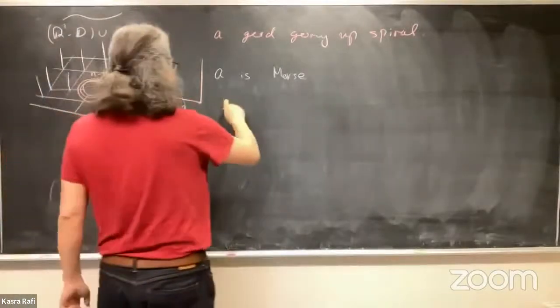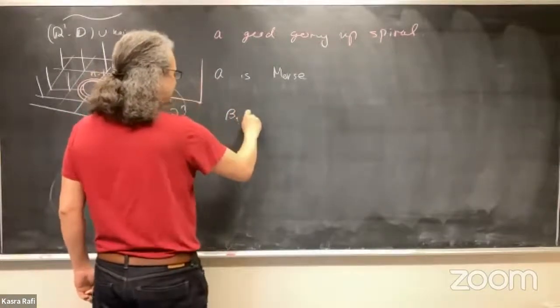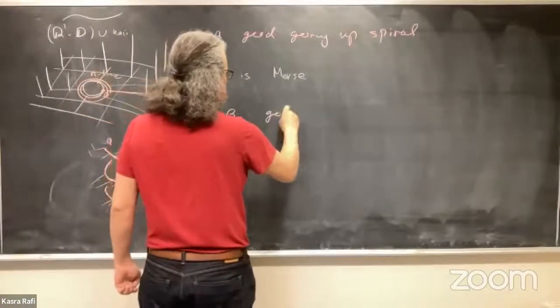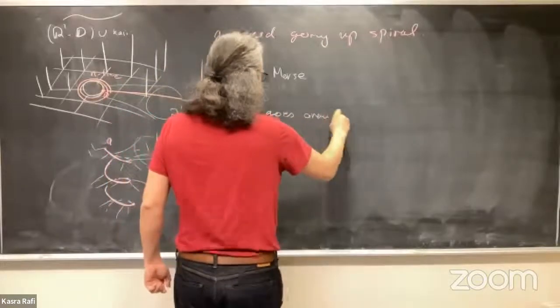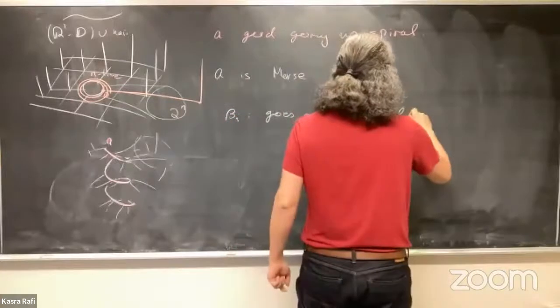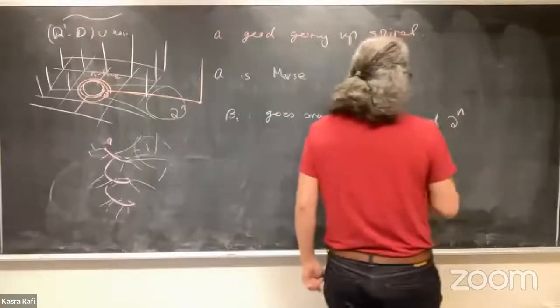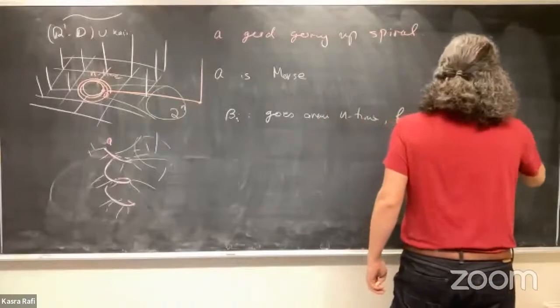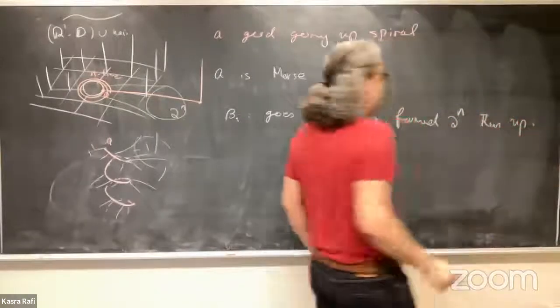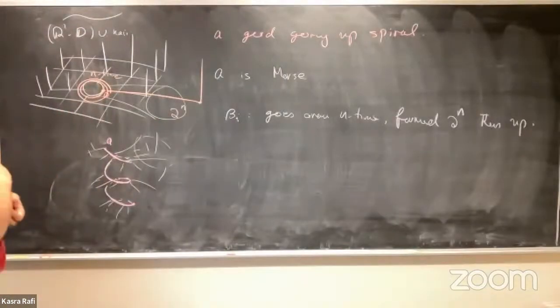So beta i goes around n times, then forward 2 to the n distance, then up. This is a nice quasi-geodesic.